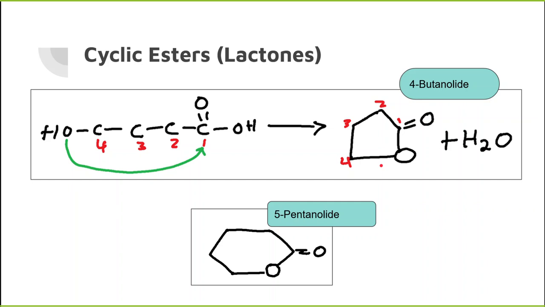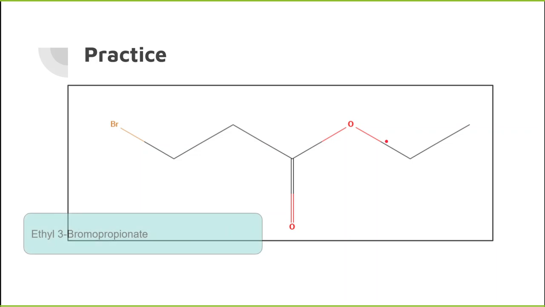They also sometimes use Greek letters, but I didn't include that in the stuff, so you don't have to worry about that. So if this was here, this could be called gamma butanolide, but don't worry about that. I decided not to do that stuff.